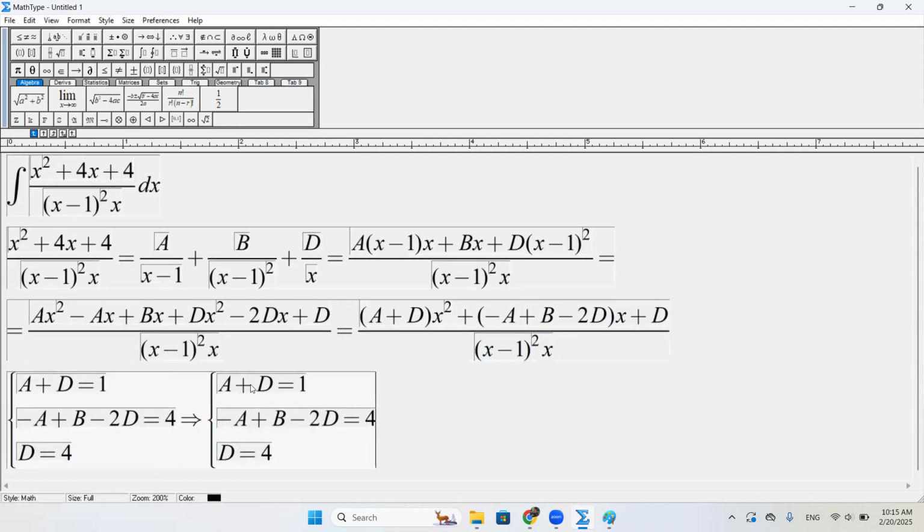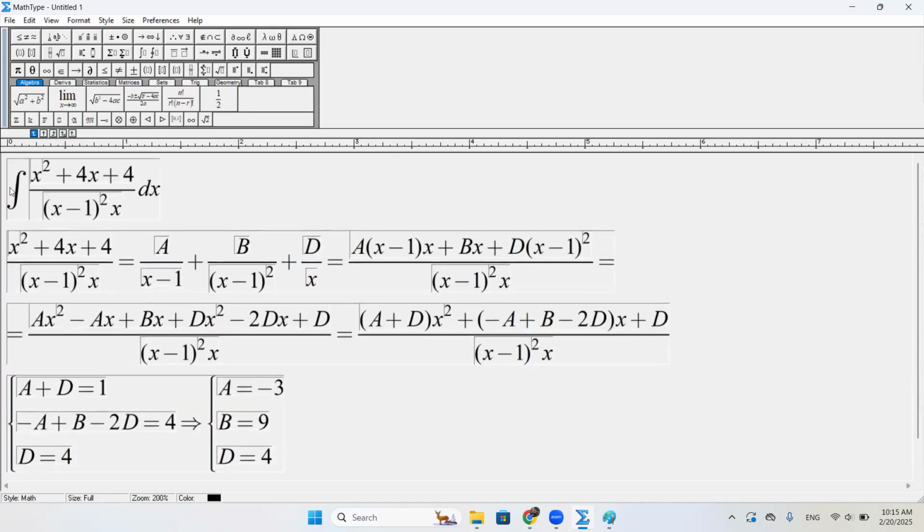If a plus d equals 1, then a equals minus 3. For b, minus 3 plus b minus 8 equals 4, so b equals 9. Quite easy for this exercise.